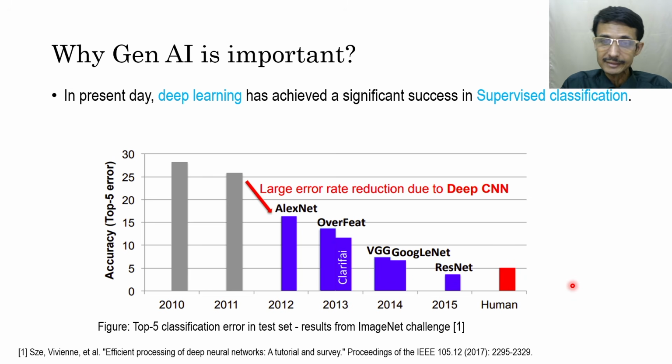You can also see that ResNet can beat human accuracy. So what we understand from this is that deep learning is now becoming very important for computer vision tasks and many other fields like NLP, medical imaging, neuroscience, and so on.